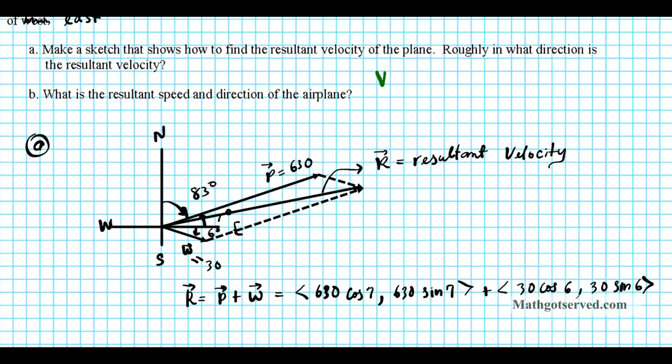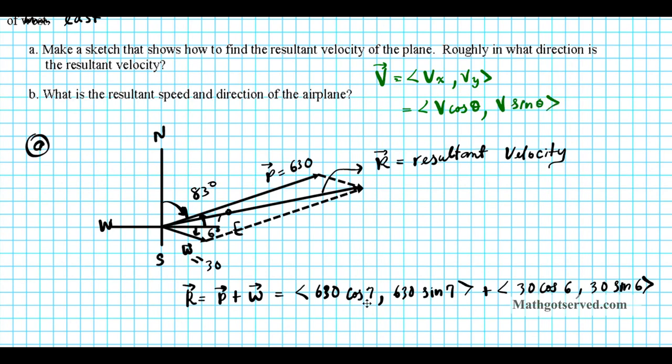If you have a vector v, for instance, it has an x and a y component. The x component is found by taking the vector and multiplying by the cosine of the direction. That will give you the x coordinate of your velocity vector, and then the y coordinate will be the vector times the sine of the direction angle.